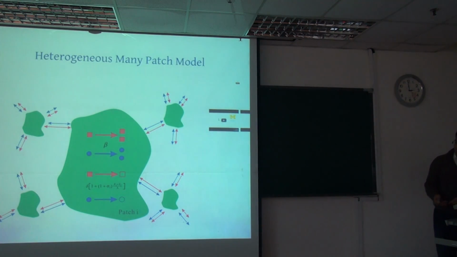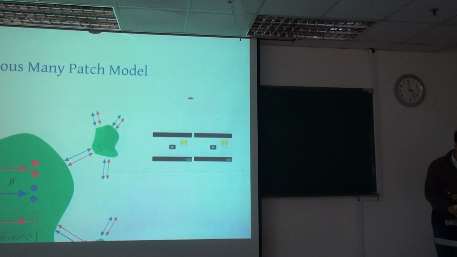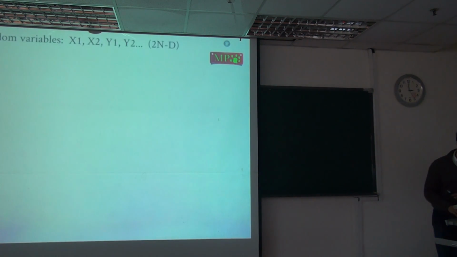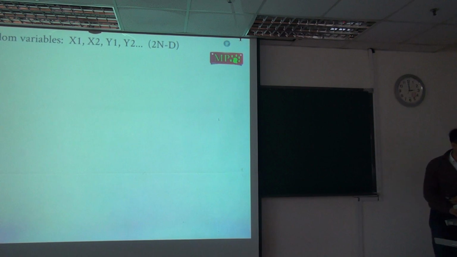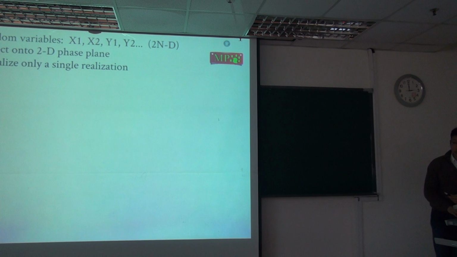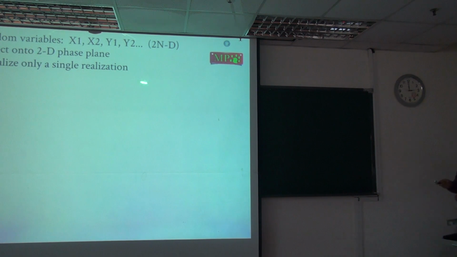How about the heterogeneous many-patch model? We use roughly the same idea, but now, suppose we have n patches, it's a 2n-dimensional system because we have 2n random variables. Once again, I'm going to project it onto a 2-dimensional phase plane, and I'm going to visualize only one single realization.